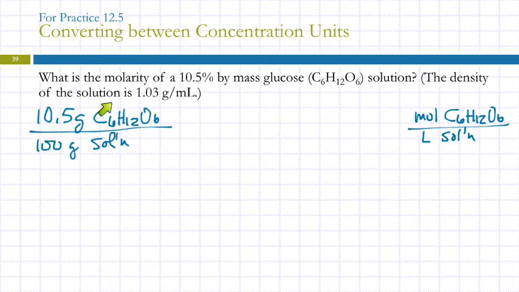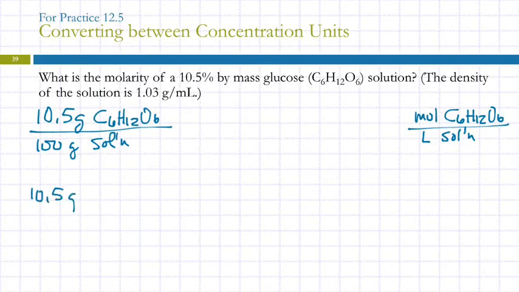You can take this and convert the grams of glucose and the grams of solution, and you can just keep it as one fraction and go across. That'll work. The other thing you can do is say, I'm going to do these separately. I'm going to take 10.5 grams of glucose and convert it to moles. And then I'm going to take 100 grams of the solution and convert it to liters. And then I'm going to plug them into my molarity equation and just divide them. So let's look at how that would work out.